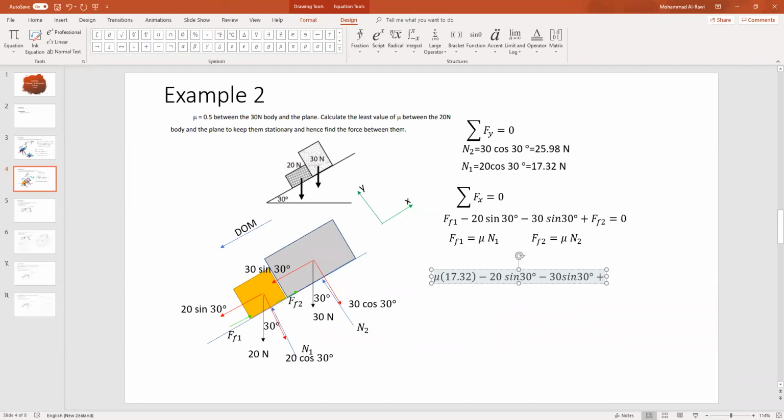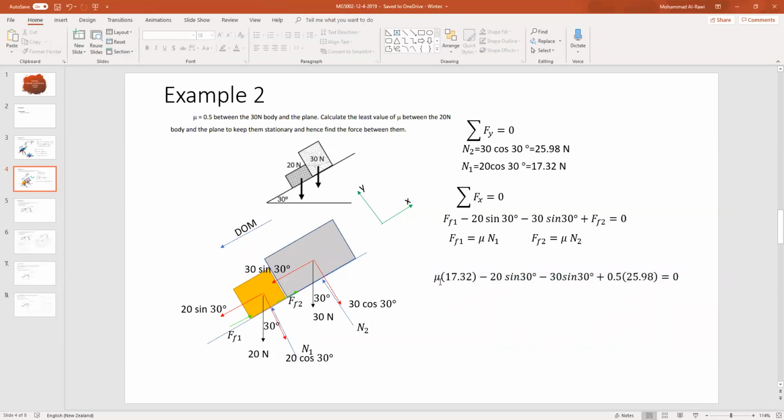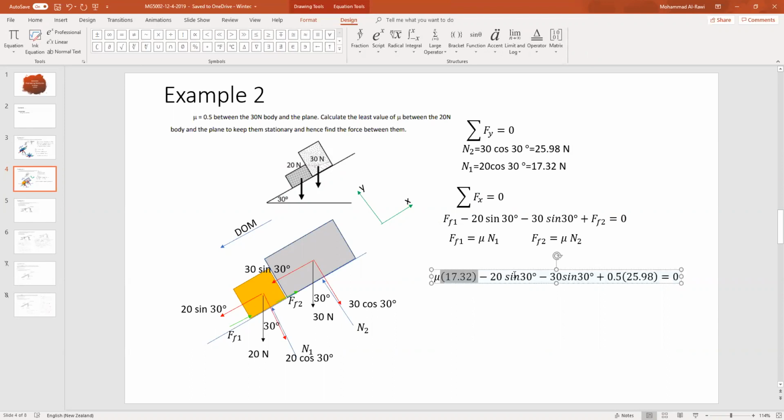It is 0.5, given to us, times N2, which is 25.98 newtons, equals 0. So very easy. When you write this equation, you generate one equation with one unknown, the coefficient of friction for the crate in the yellow shape.